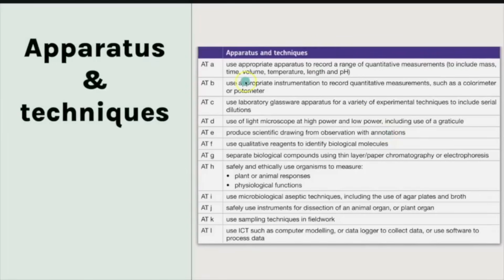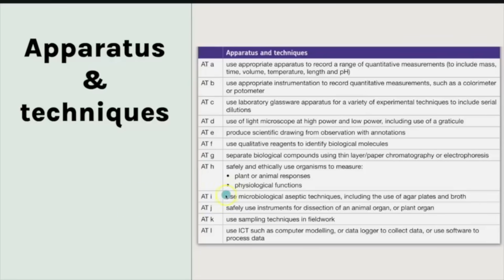So if you then look back at this table, apparatus C is using laboratory glassware, a variety of experimental techniques, including serial dilutions. So for exams 2022, learn a method for how you would do a serial dilution and learn how you'd calculate this.